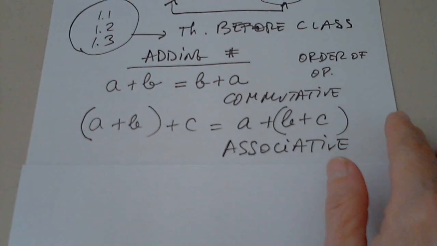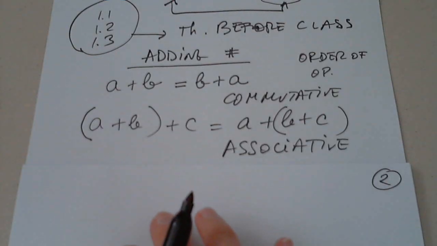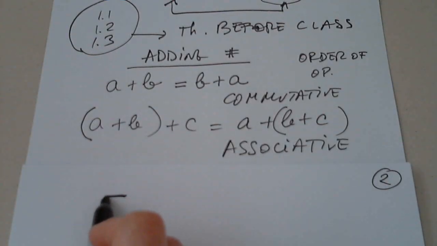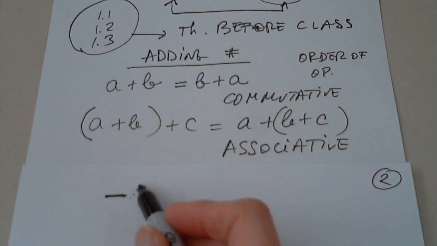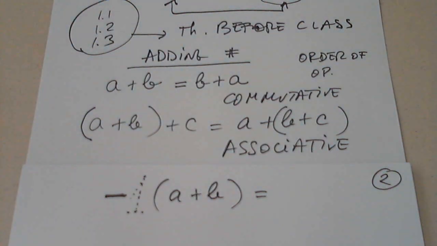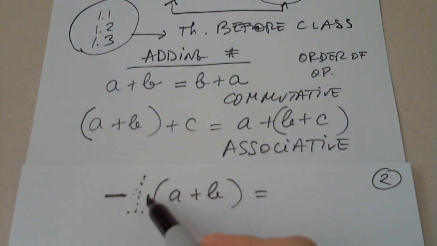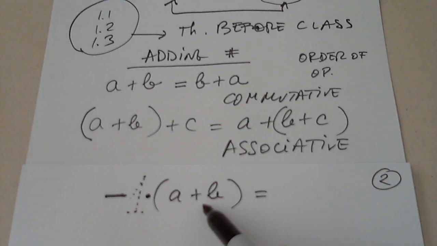Now, although this is not a specific situation for addition, I'd like to add it here. So if I have a negative symbol or a negative sign or an imaginary -1 in front of, let's say, a plus b, I will be using something that is called the distributive law. So it doesn't really belong at adding numbers because basically it's a combination of multiplication and addition.